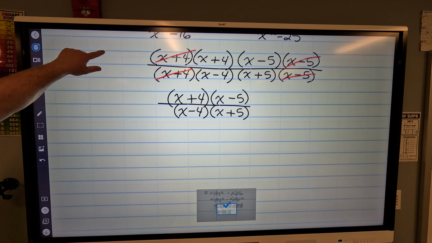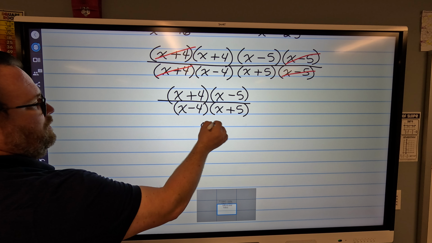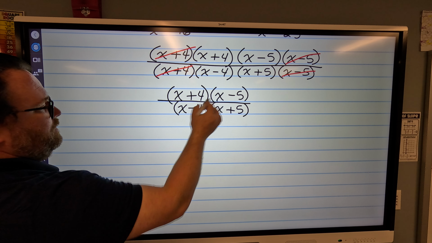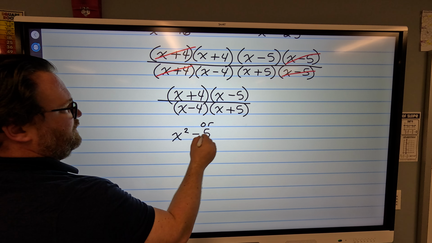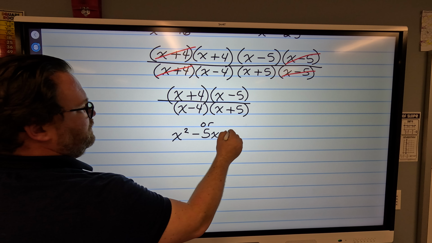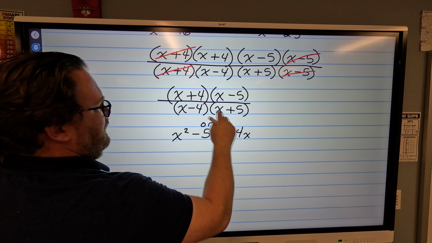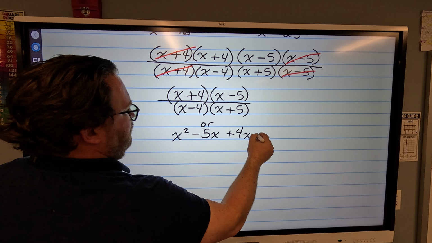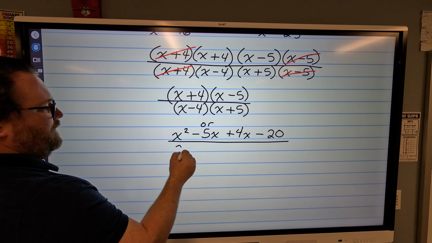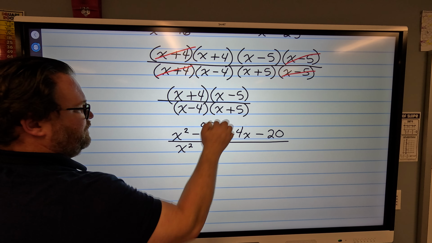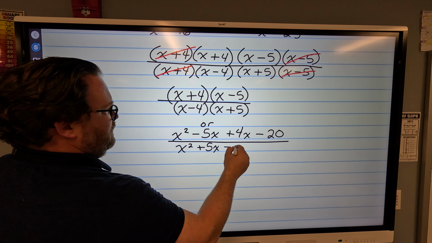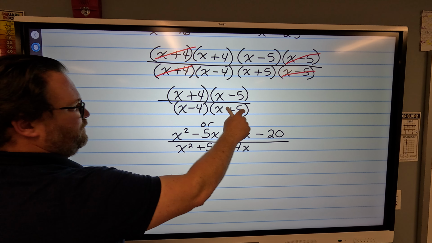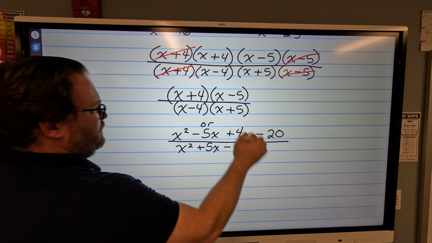We could leave it in factored form, or if we want to multiply those back together, we've got x times x is x squared, x times negative 5 is negative 5x, 4 times x is 4x, and 4 times negative 5 is minus 20, over x times x is x squared, x times 5 is 5x, minus 4 times x is minus 4x, and minus 4 times 5 is minus 20.